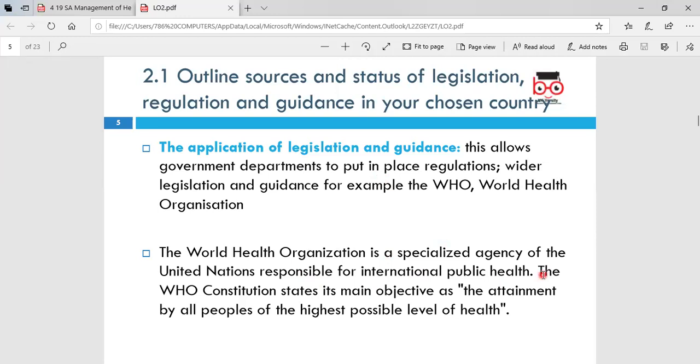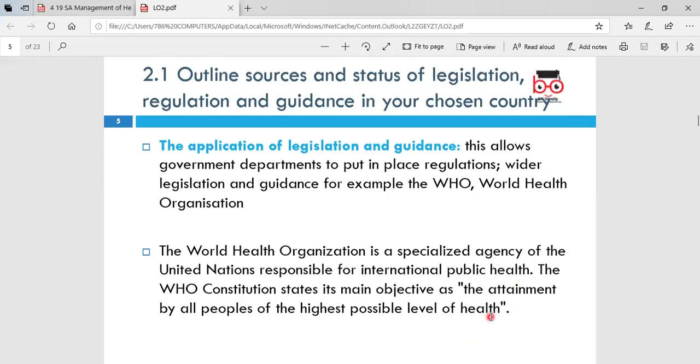When COVID happened, who was most in action at that time? It was the World Health Organization. The WHO Constitution states that its main objective is the attainment by all peoples of the highest possible level of health. And within health, we have not only physical health, we have mental health as well.